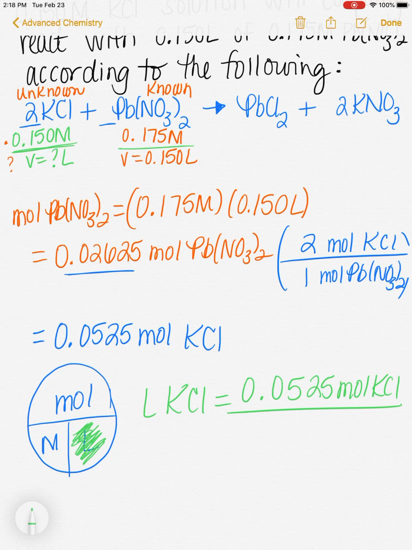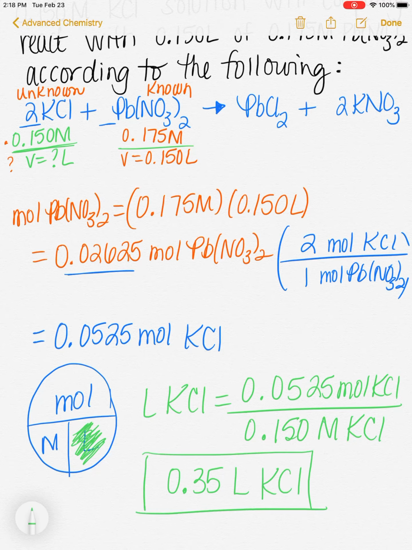Excuse me, it should be over here. I want to make sure I use the molarity of KCl, which was 0.150 molar. Okay, so I'm going to take 0.0525 divided by 0.150, and I get 0.35 liters of KCl as my answer.